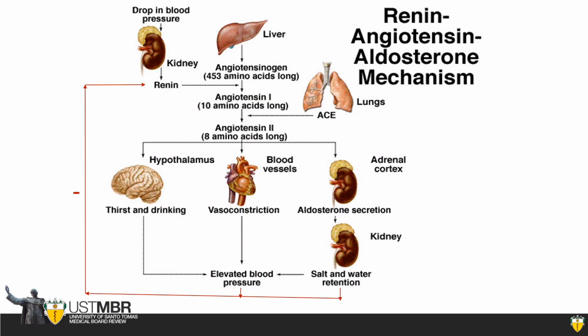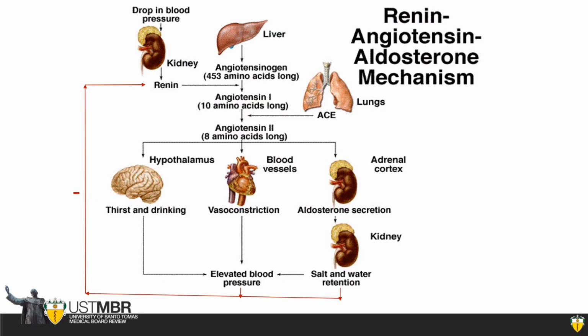Angiotensin 2 is one of the most potent vasoconstrictors, so blood pressure will go up. Angiotensin 2 will then activate the adrenal cortex to produce aldosterone. The normal function of aldosterone is sodium reabsorption and potassium excretion. By increasing sodium, salt and water will be retained. You have more salt and water in your system, so blood pressure goes up also.